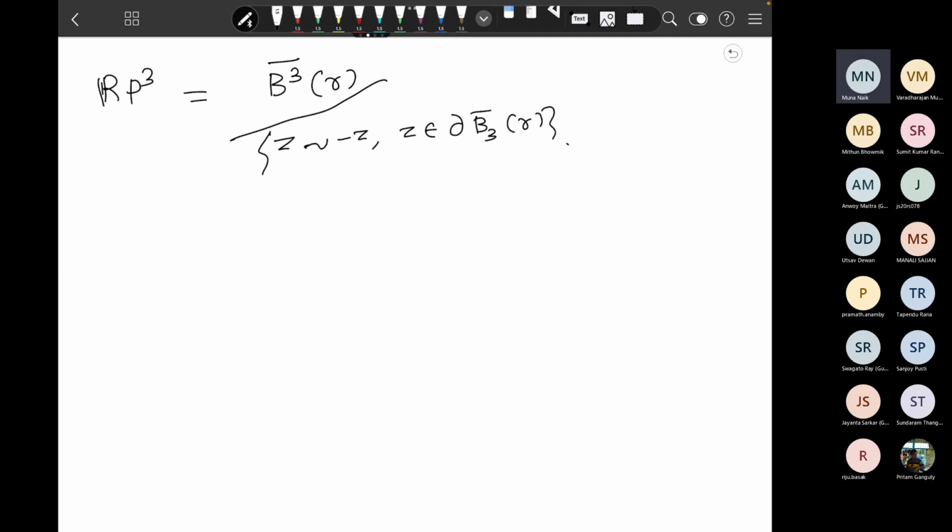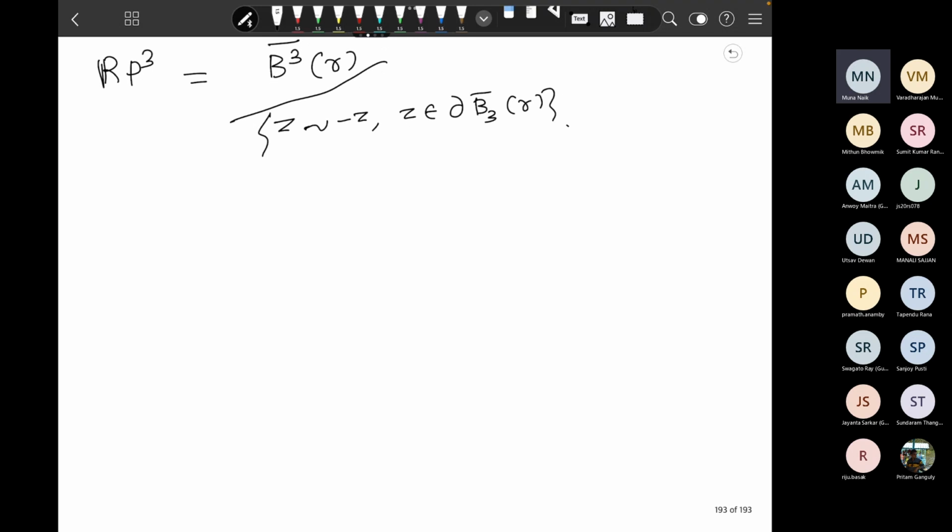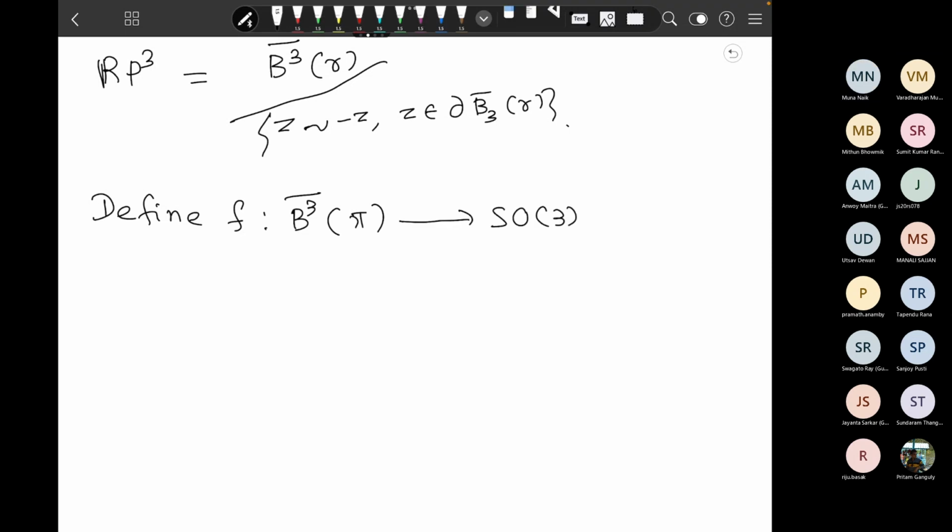Now pay some attention here. I define a map f from B3 the closed ball of radius pi to SO3 by f of x equal to the identity if x is equal to 0, or otherwise the rotation R of x by norm x.